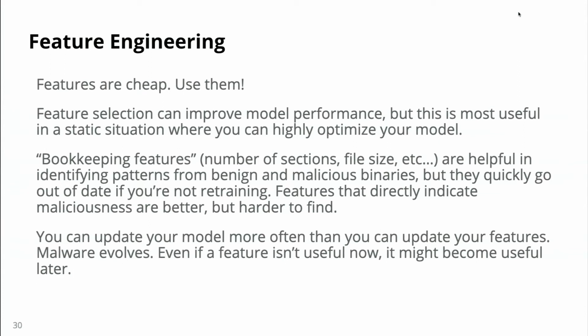The Adobe features and maybe the EMBER features too are kind of like bookkeeping features. They're generally describing the layout of the PE file and saying it has so many of these things and this thing is so big. And that's good for identifying patterns, if malware authors are using the same code base and they're just slowly evolving them.